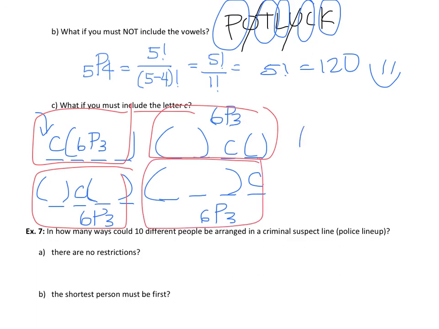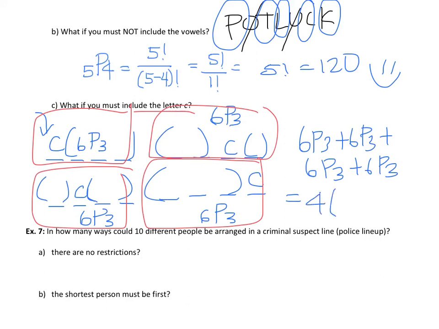That is 6P3 plus 6P3 plus 6P3 plus 6P3, which is equal to 4 times 6P3, which is equal to 4 times 6 factorial over 6 minus 3 factorial, which, since I don't have a lot of room, I'm going to evaluate all at once, so it's equal to 480.